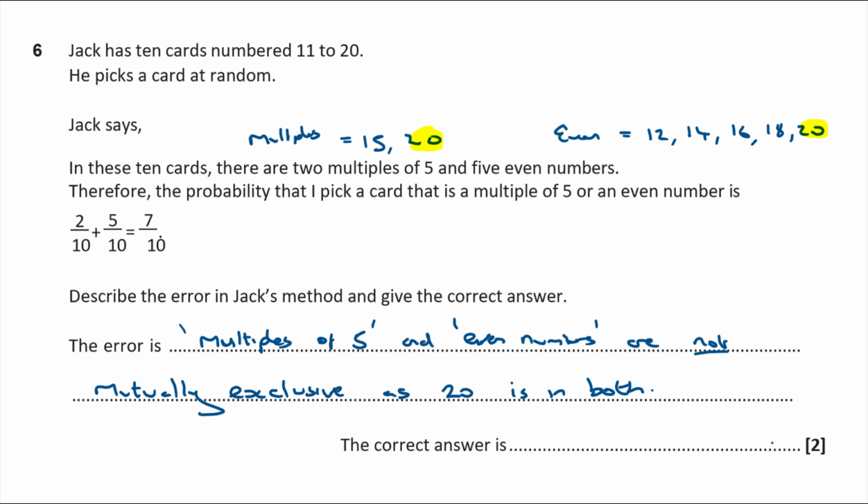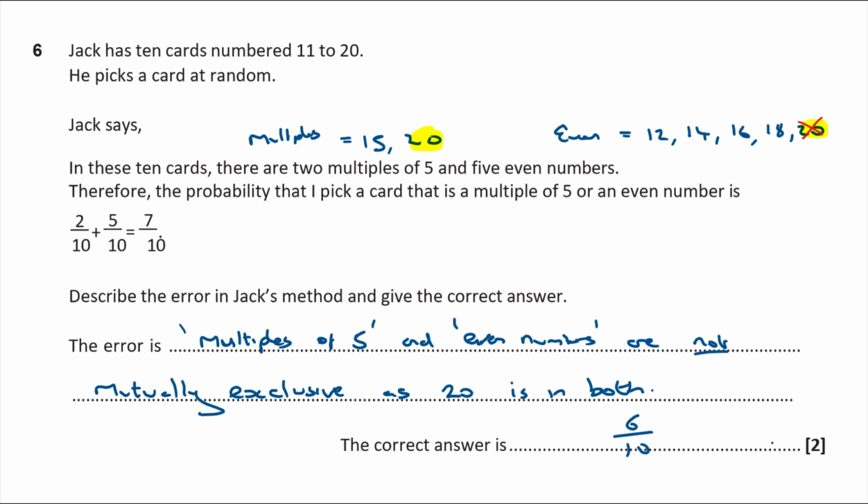Okay, so the correct answer is, well, you've double counted the 20s, isn't it? So if I remove one, then you can see I've got actually 6 different outcomes that are one or the other. So it should be 6 out of 10, okay, and not 7 out of 10.